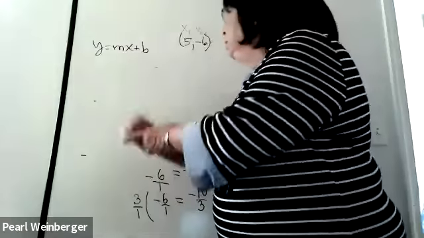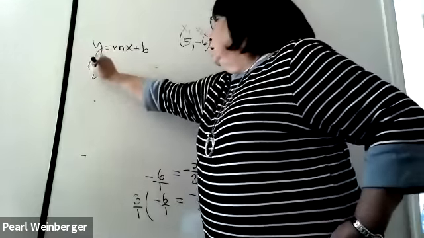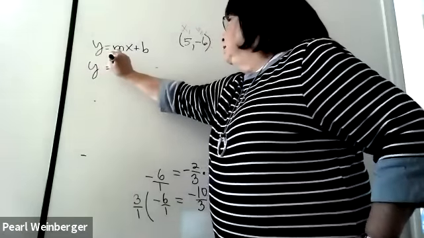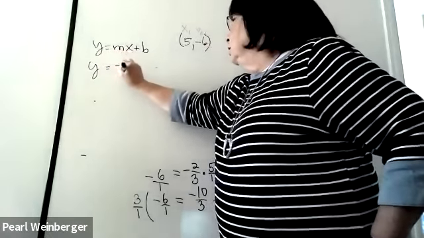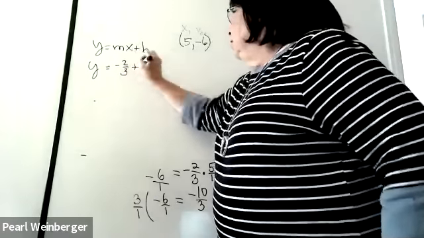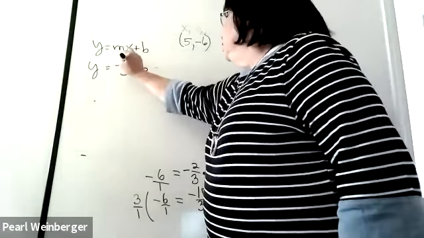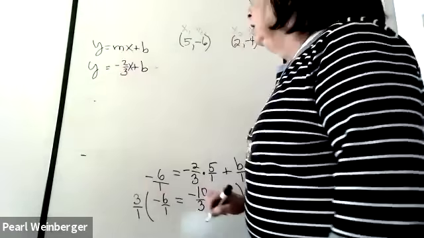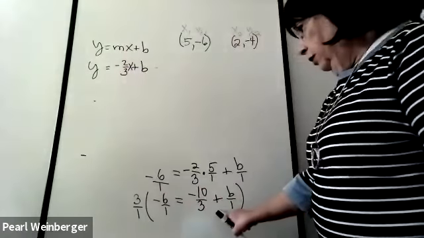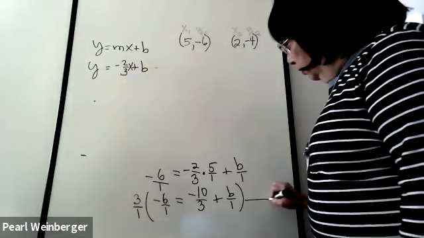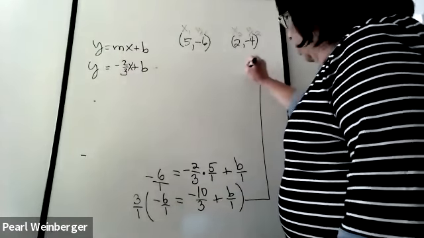Okay, let me just put this on the side. We were working on, my equation at this point was y equals negative 2/3 x plus b. We're looking to find the b. Okay, so I'm over here.